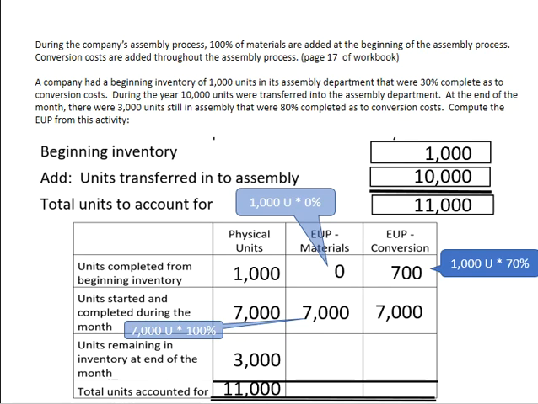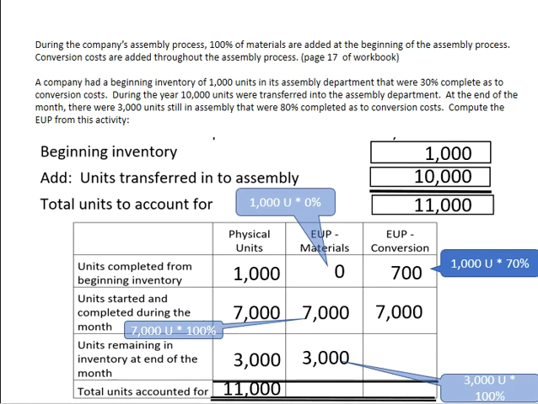For equivalent units of production for materials, anytime I start a unit, 100% of the materials are added at the beginning of the production process. So it would be 3,000 units times 100% of the materials, which equals 3,000 equivalent units of production.